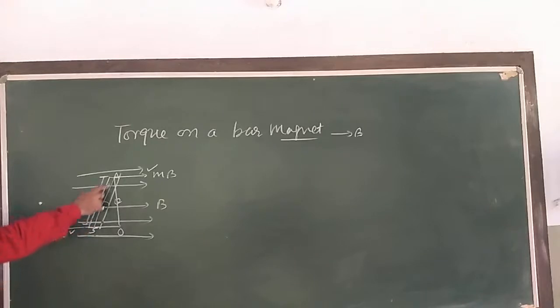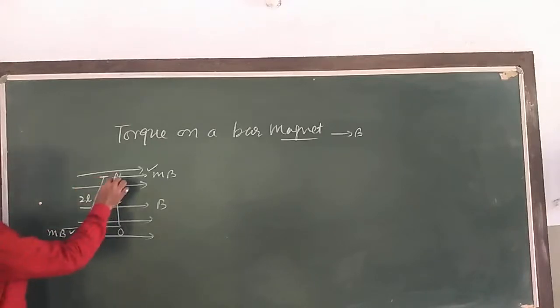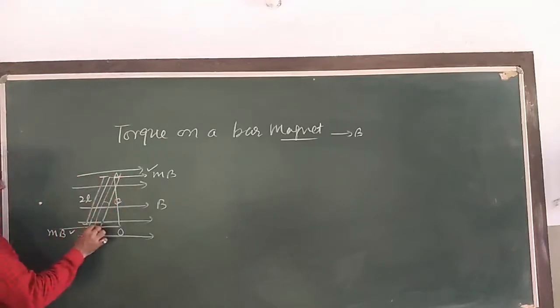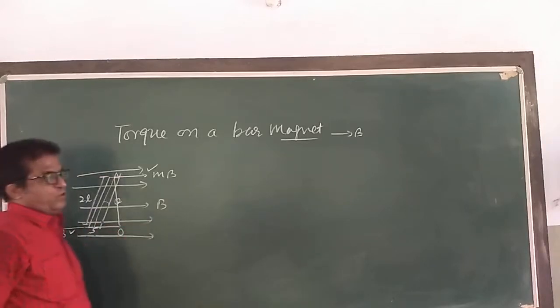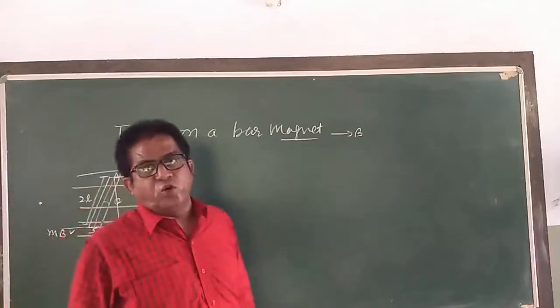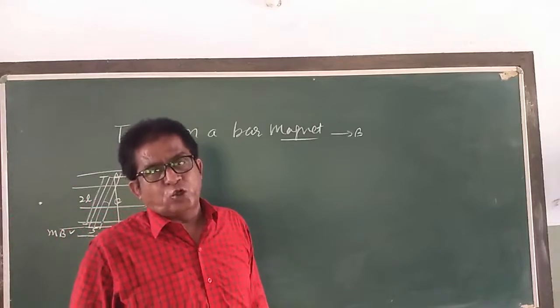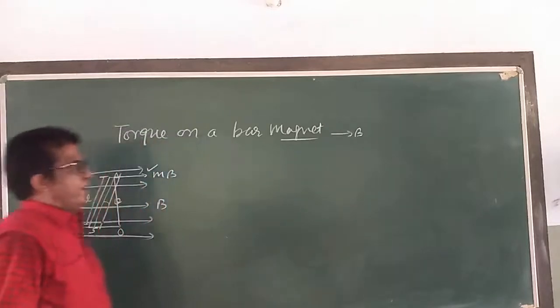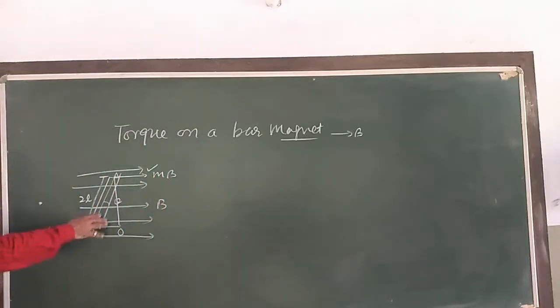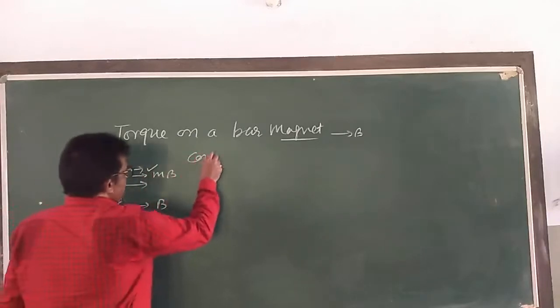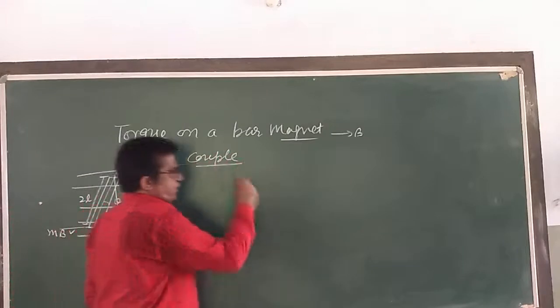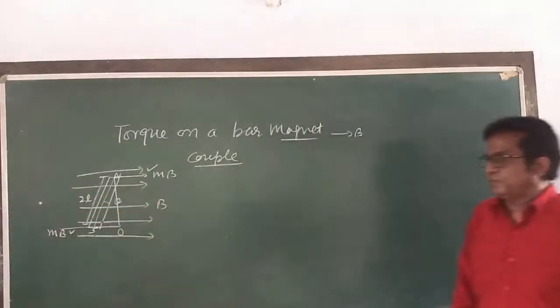But they do not have the same line of action. This one has this line of action, and this one has this line of action. When their lines of action are different, they will make a couple. They constitute a couple of forces.